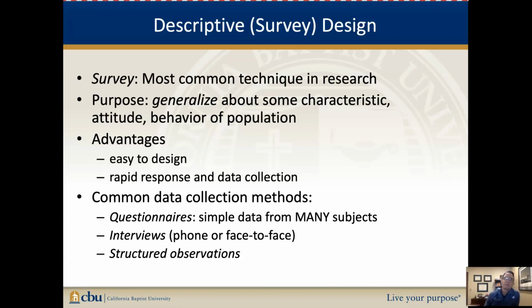And often these are, the technical name is Likert-based questions, L-I-K-E-R-T. That's just the name of the statistician who originally came up with the idea.